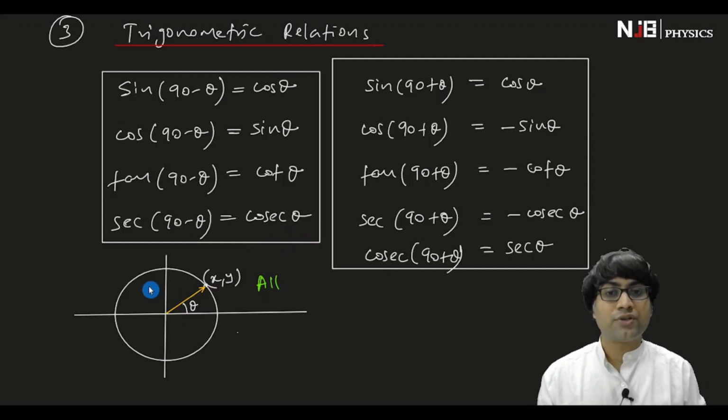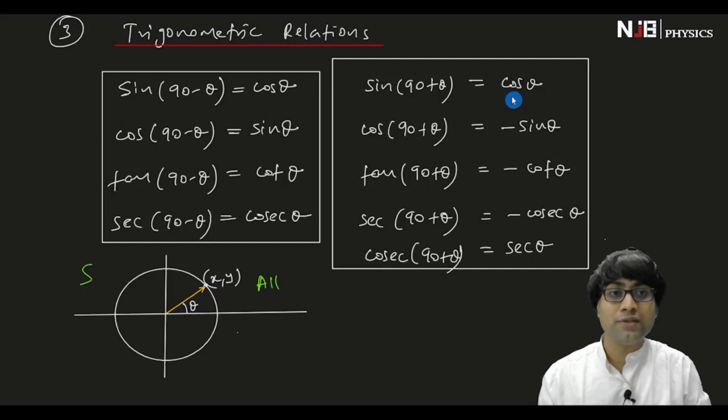However, in the second quadrant, only sine and its reciprocal are positive. Therefore, if you look at sine of 90 plus theta and cosec of 90 plus theta, only they are positive. Sine of 90 plus theta is plus cos theta, and cosec of 90 plus theta is sec theta, and all the other ratios came out to be negative.